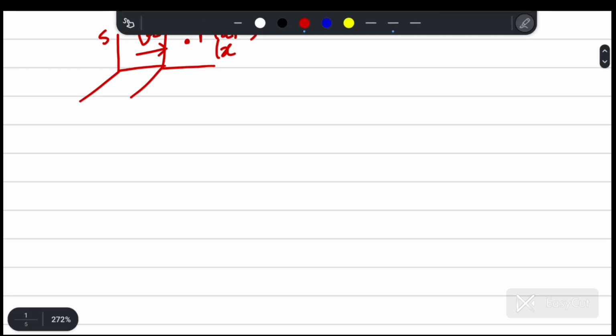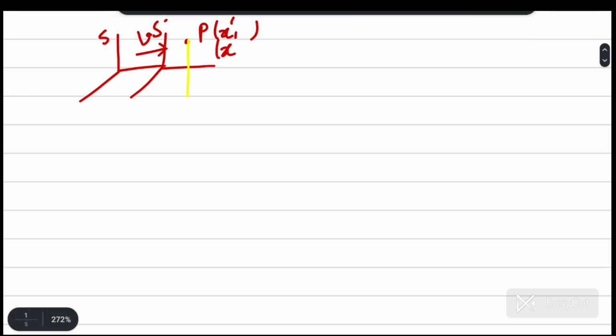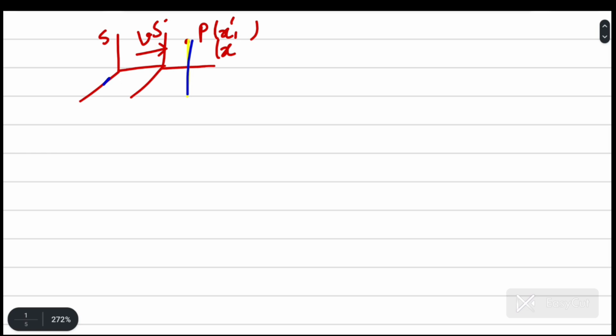So here this distance is X, and for any instant, let us take this S prime frame has traversed the distance Vt, and this distance is X prime.